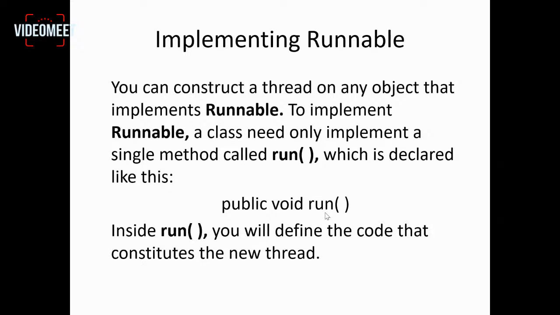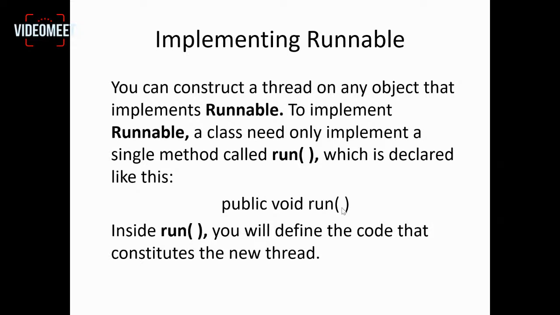You can construct a thread on any object that implements runnable interface. To implement runnable, a class need only implement a single method called run, which is declared like this. That means this runnable interface has a method called run, which has a type signature like this: public void run. And inside run, you will define the code that constitutes the new thread.